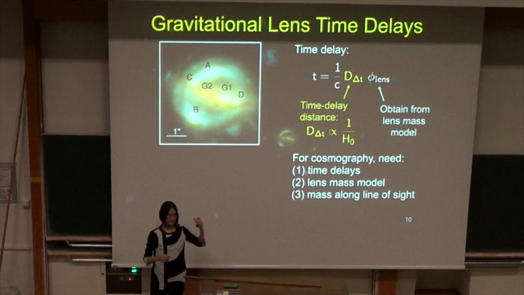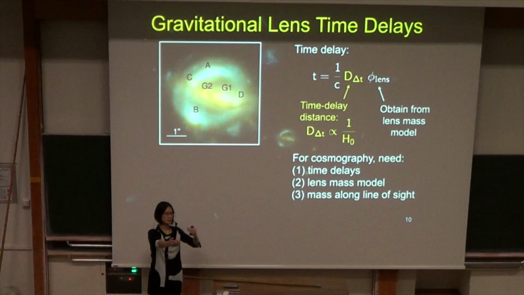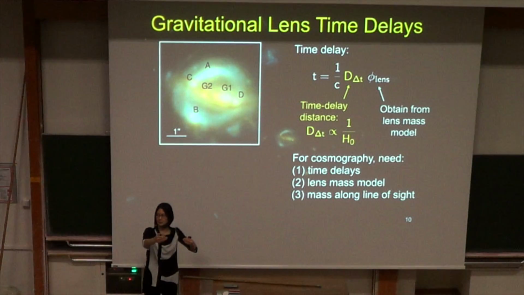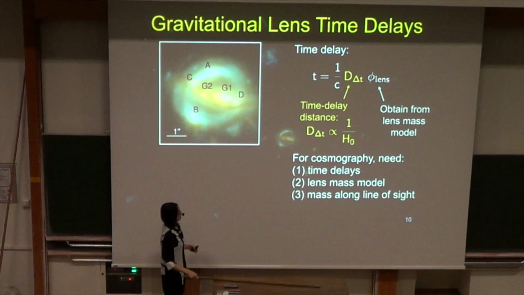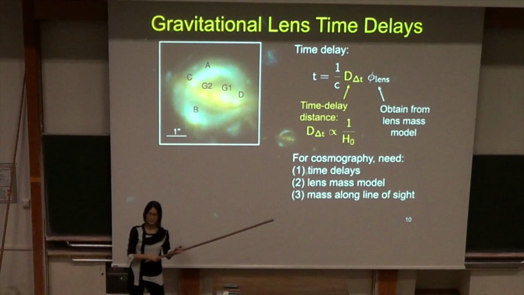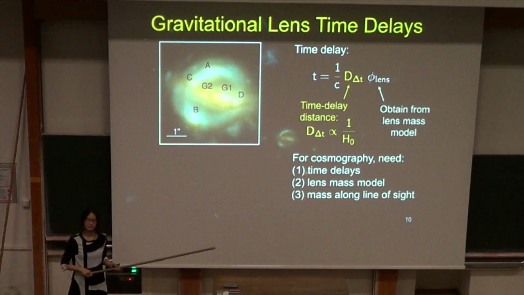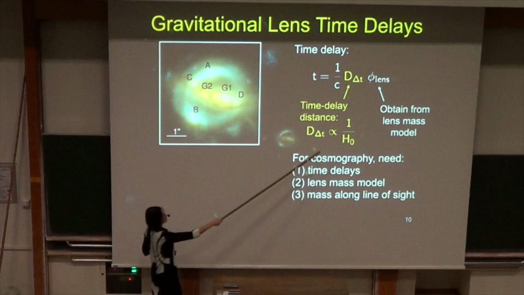So we have us, lens, and then the source. So there are three distances. There's the distance between us and the lens, and then there's the distance between lens and the source, and the distance between us and the source. So this time delay distance is actually a combination of these three distances in lensing. And by construction, because it's a combination of these three distances, it is mainly sensitive to the Hubble constant. It's inversely proportional to it.